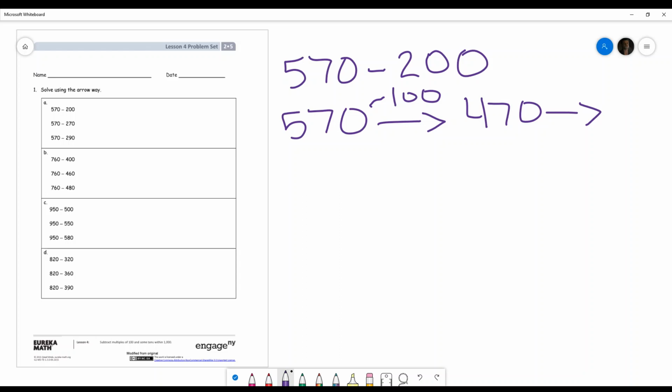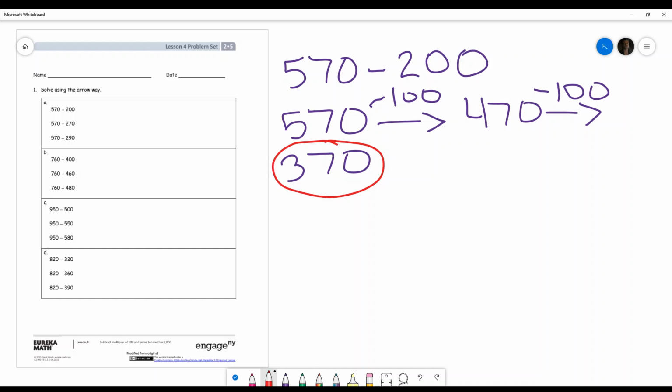Because the ones and the tens do not change because we're only taking away 100. Now I'm going to take away my other 100. 470 minus 100 is 370. So here's your answer for the first part of A.